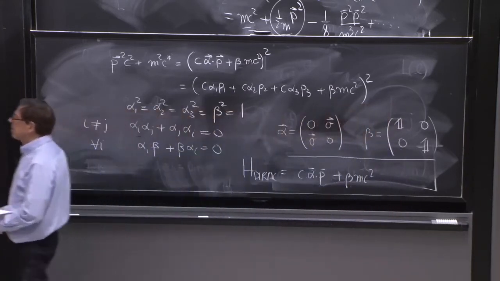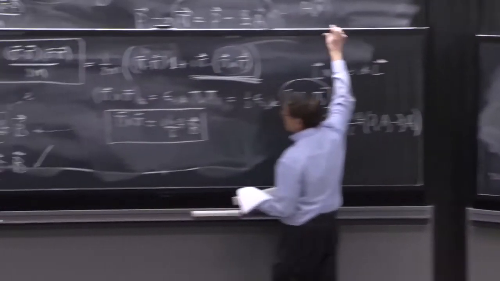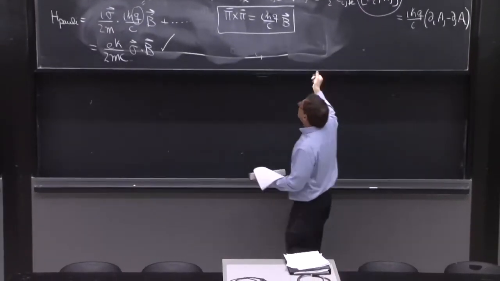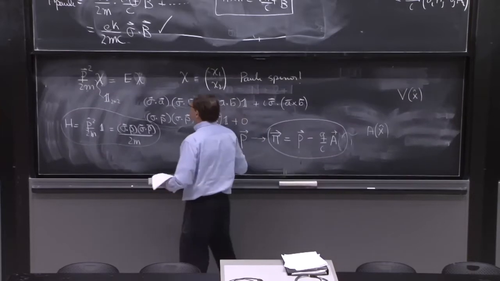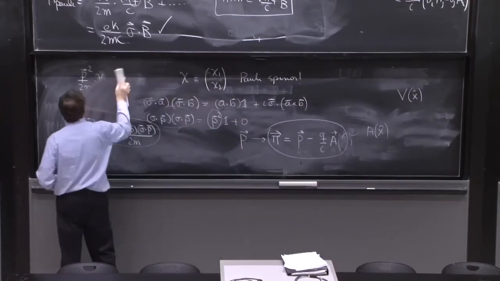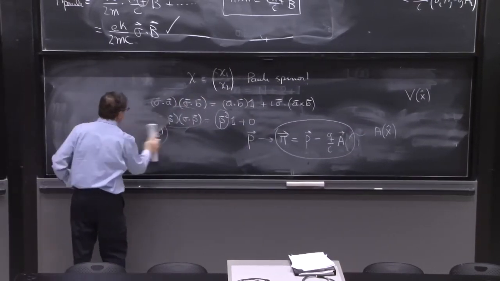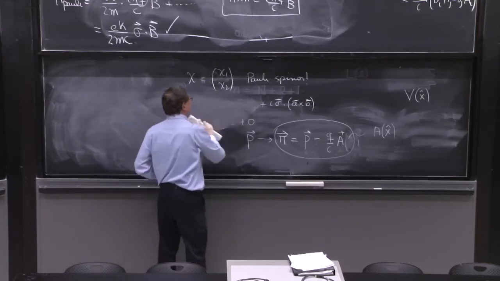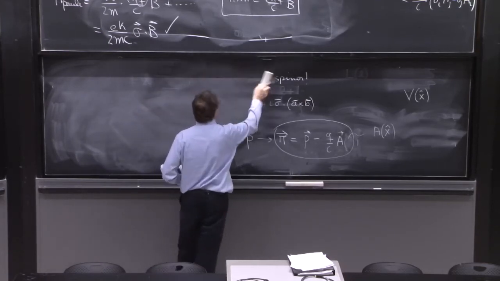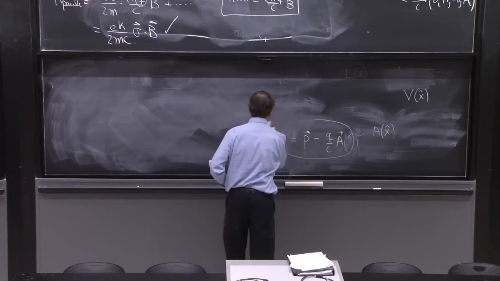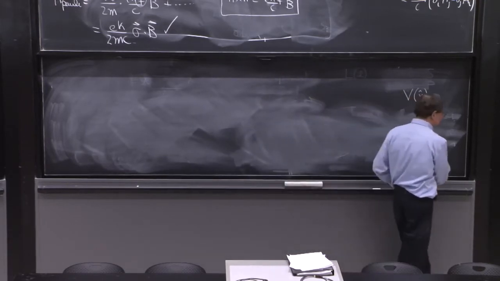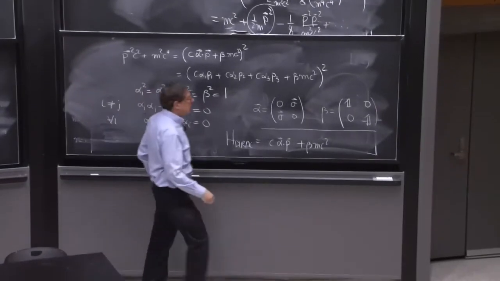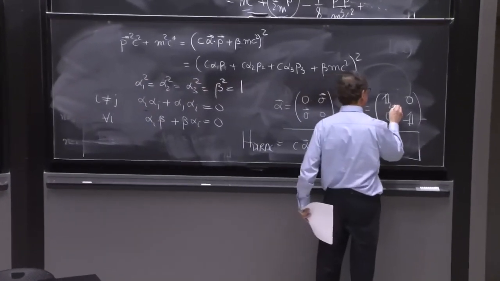That's our Dirac Hamiltonian. But we need to deal with spinors that now are 4-dimensional. These matrices alpha and beta are 4-dimensional because the sigmas that are inside are 2-dimensional. And these are 2x2 matrices.